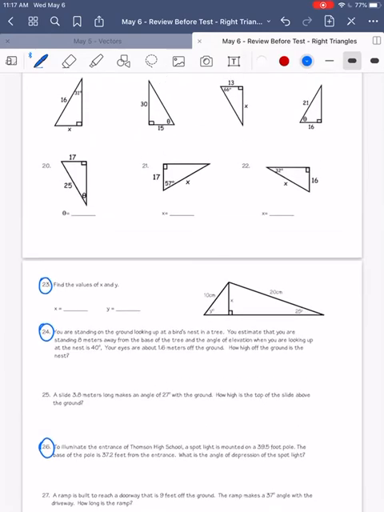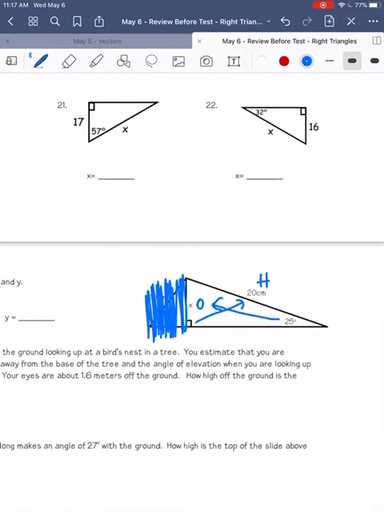I guess this one first before we do the word problems. Most of us did this exactly right. What you want to do is pretend like this triangle doesn't exist to begin with. If we're finding X, we'll label it O according to that angle, and this is H. So which trig function is that? That's sine.